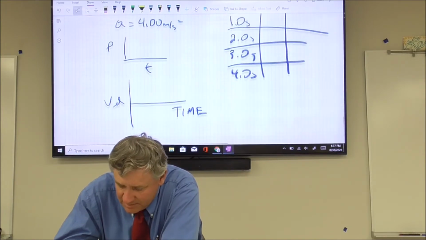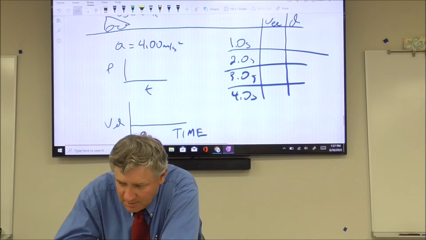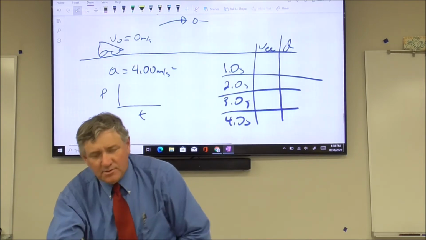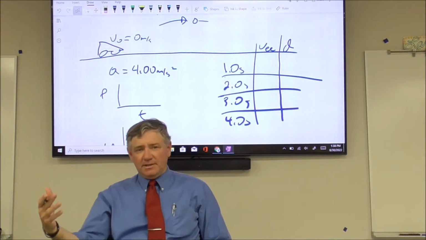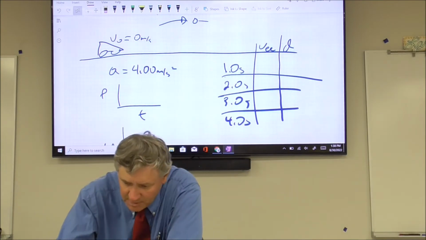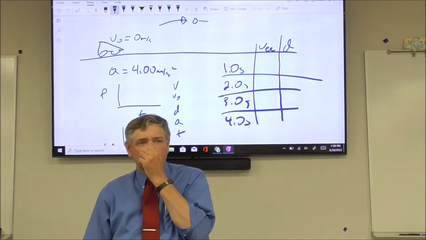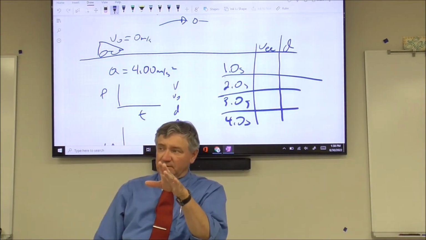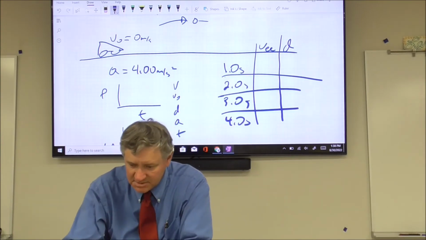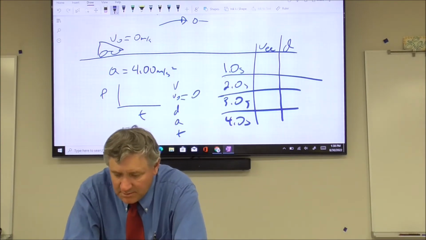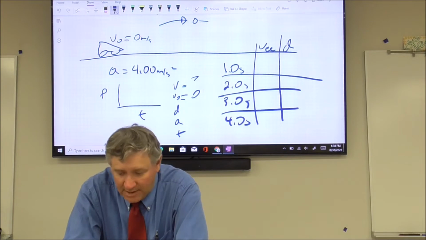So let's tackle this. If you like doing the variables, that's cool. What's your initial velocity going to be? 0. The car's going to start at rest. My final velocity, I don't know that.